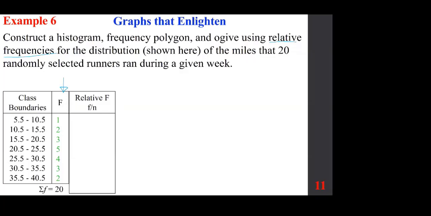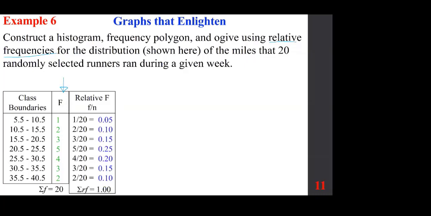When you add up this column, you get N equals summation of F, and that's 20. So you divide this column F by 20, 1 over 20, 2 over 20, and the rest of it. And they obviously must add up to 1 or 100%.